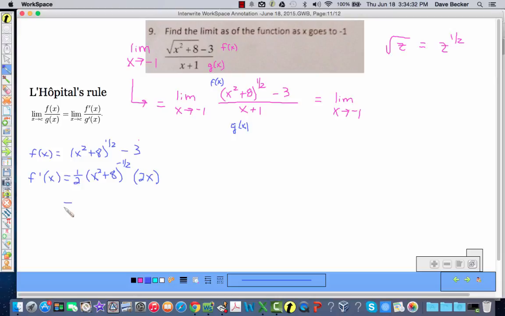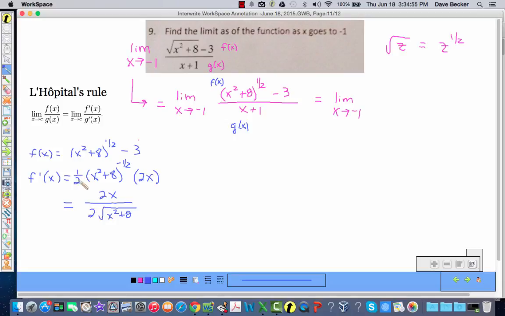I am going to rewrite that because I am going to have to evaluate this thing. I'm going to have to replace x with -1. So I'm going to rewrite this as 2x over 2 times the square root of x squared plus 8. Okay.